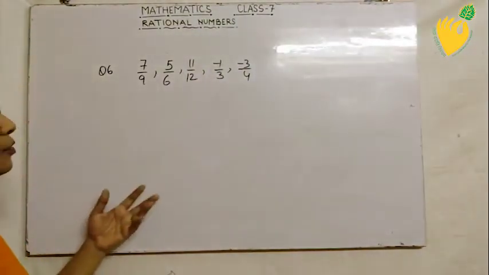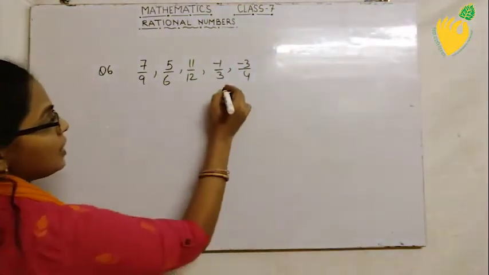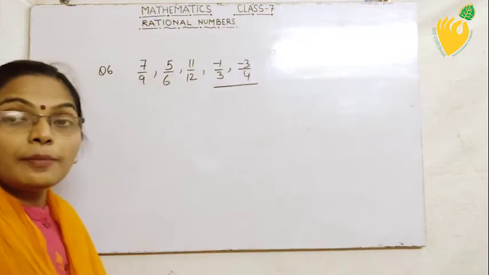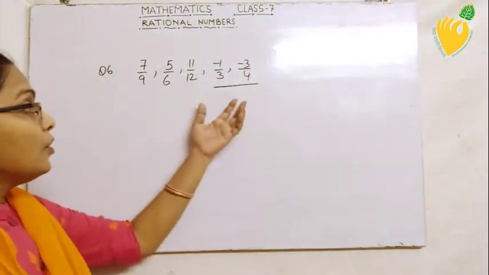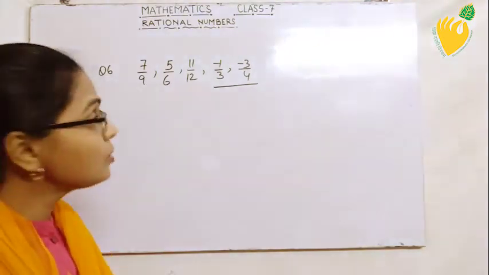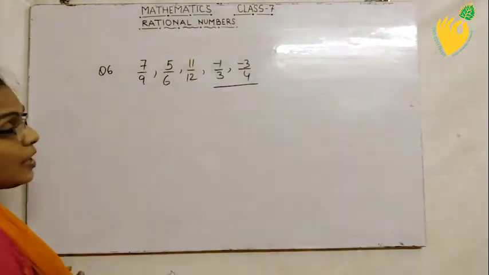So these are the 5 rational numbers, and you have to arrange them in ascending order. We will first see the negative rational numbers, because we know that negative rational numbers are smaller than the positive rational numbers.